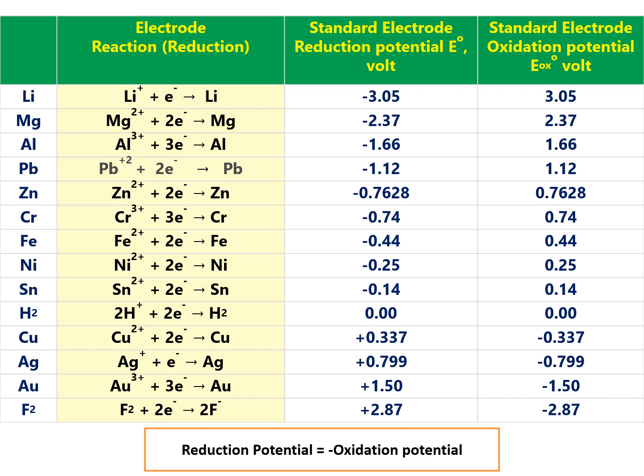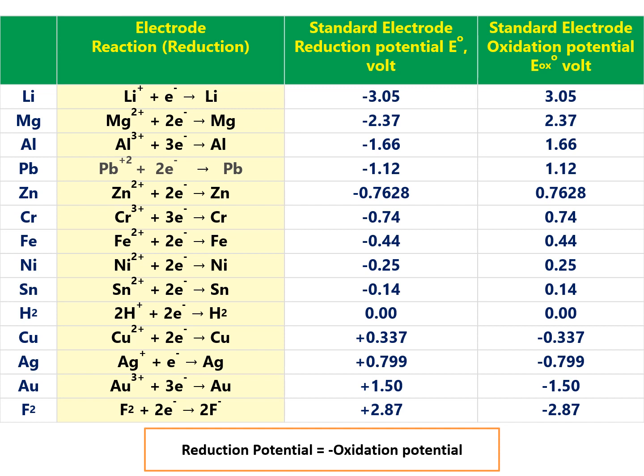When we write the reduction potential of a metal, we can easily tell the oxidation potential of the same metal by using this formula: reduction potential is equal to minus the oxidation potential of the same metal at the same conditions. That means if the reduction potential of metal X is 2, then the oxidation potential of the same metal X will be minus 2.